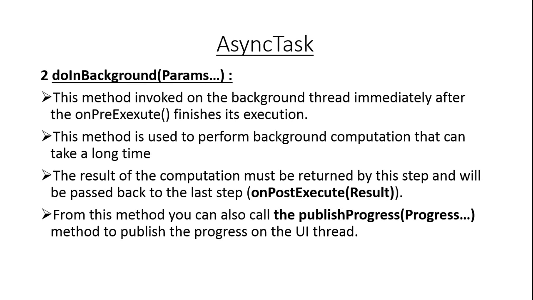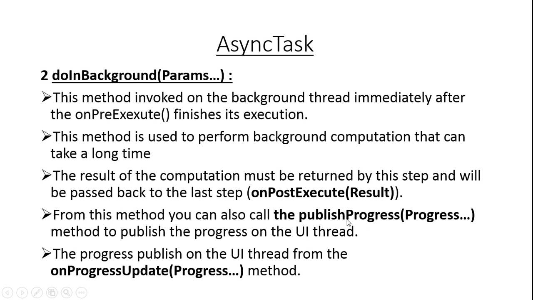For example, in the case of downloading a file from the internet, if you want to publish the downloading progress in the form of a progress bar, you have to call the publishProgress method to update the progress bar. And whenever you call the publishProgress method, the Android system will call another method within AsyncTask called the onProgressUpdate method. And from this method, you can publish the result on the UI thread.